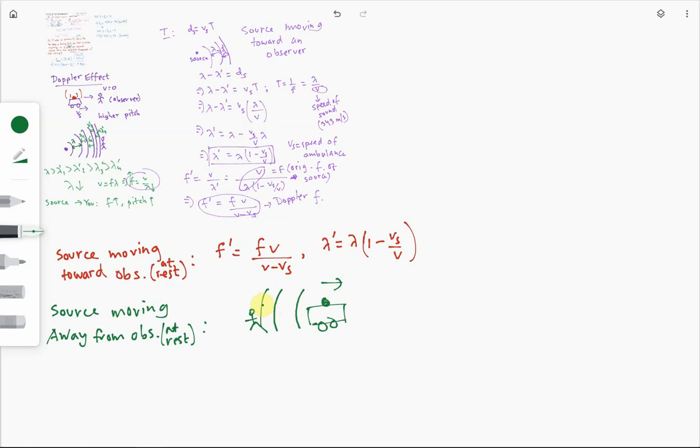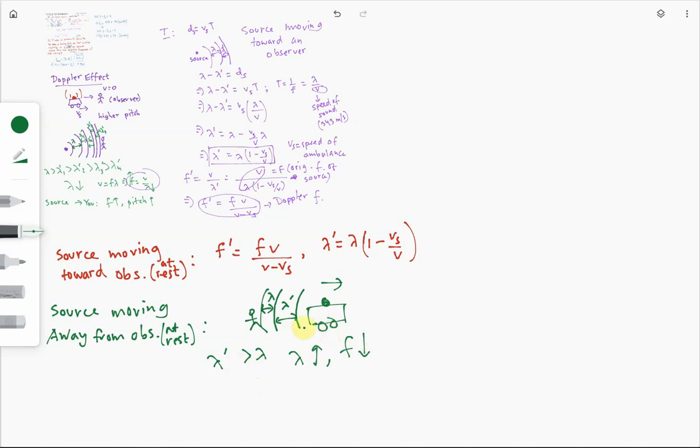So if this was your wavelength closer to you, this is the newer wave. This is what lambda prime is in this case. The wavelength is getting longer. If lambda prime is greater than lambda, if the wavelength is getting larger, that means frequency is getting smaller.